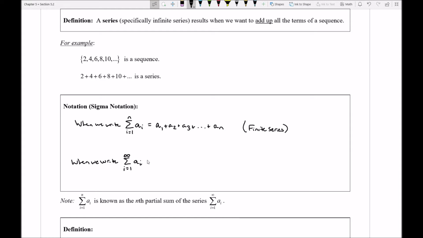So when we write this, what we really mean is that I'm going to have a1 plus a2 plus a3, and then I guess on and on and on forever. This addition problem never stops. And so this is what we refer to as an infinite series.